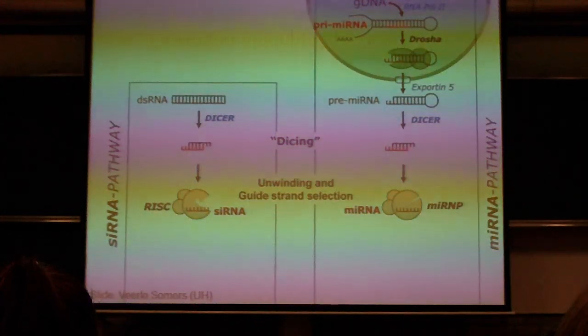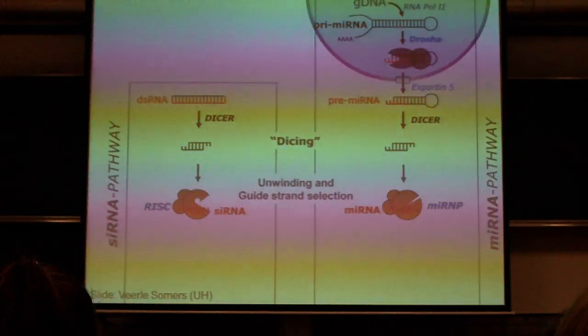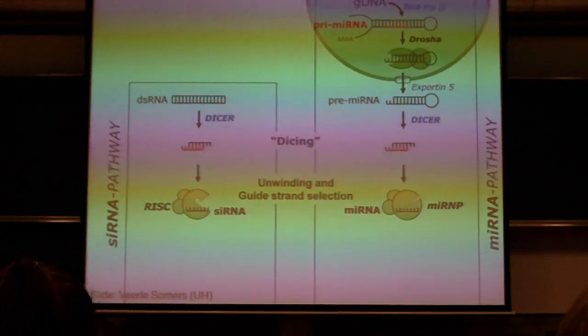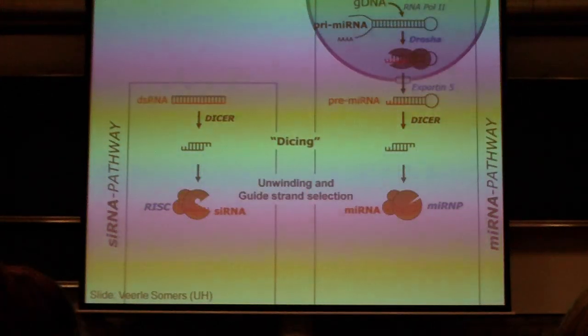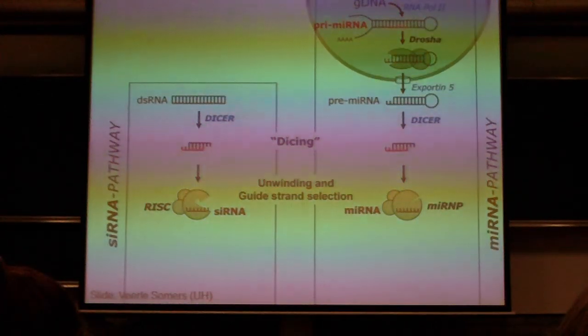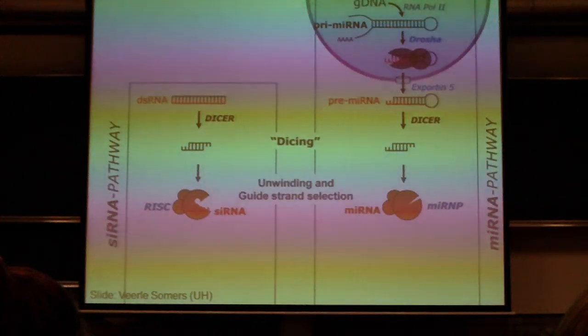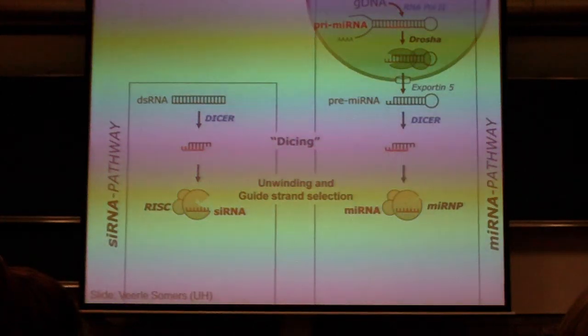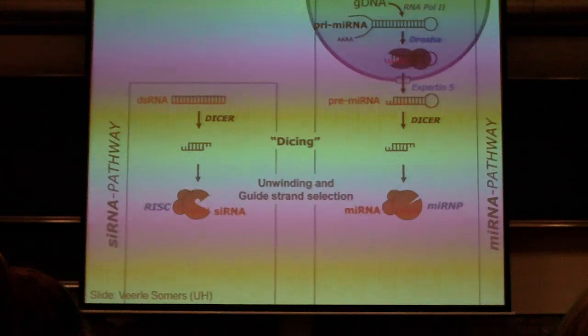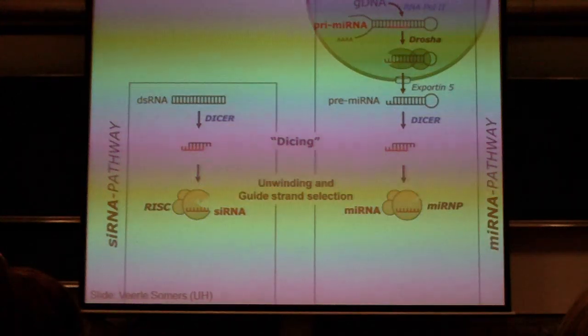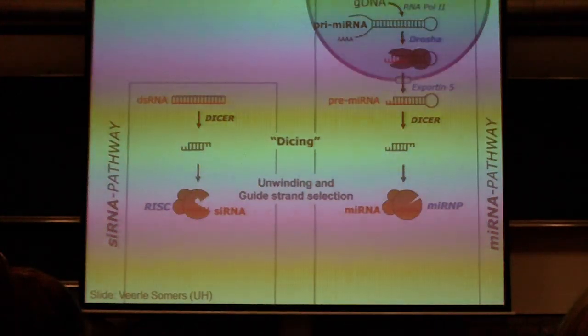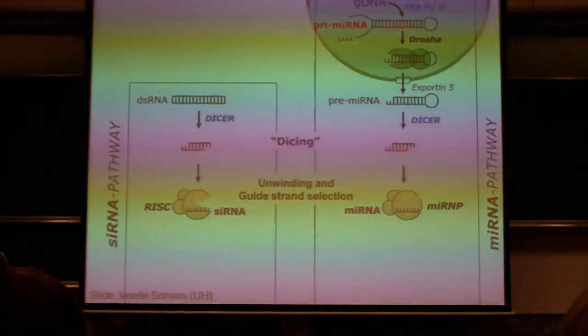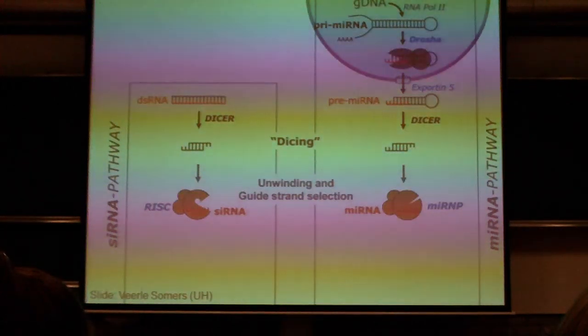The other strand, the passenger strand, is presumably degraded, but that would also sound like a waste of biological energy, cellular energy. And what we know now, at least from microRNAs, is that often this passenger strand is also used in another RISC complex.